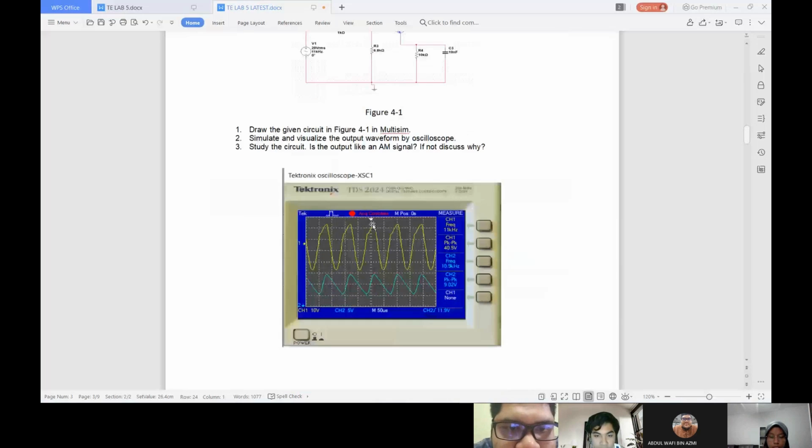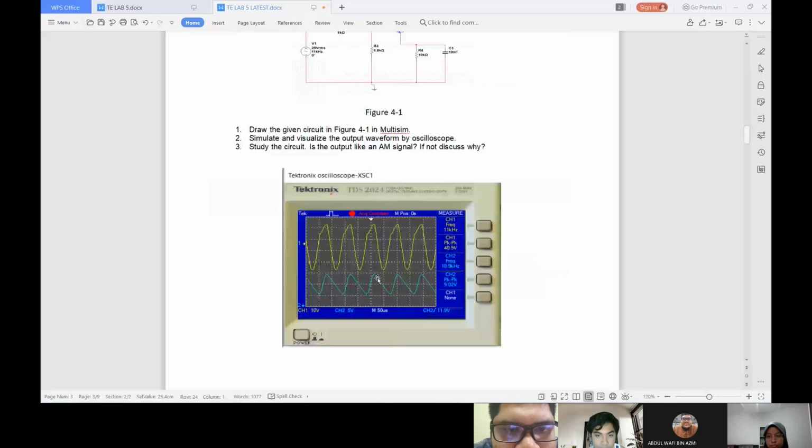The blue one is the output and the yellow one is the input from this circuit. The output here is basically not an AM signal because the amplitude is constant. It doesn't have a minimum or maximum output. It just stays constant to the end.